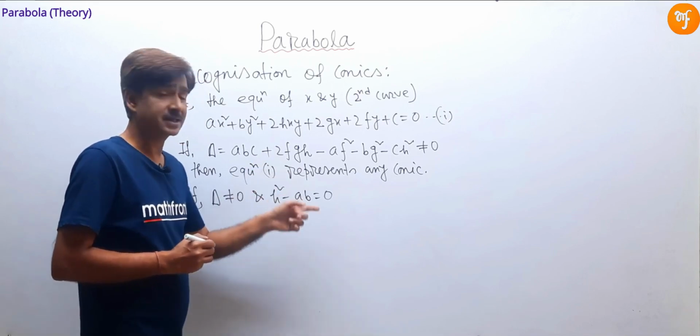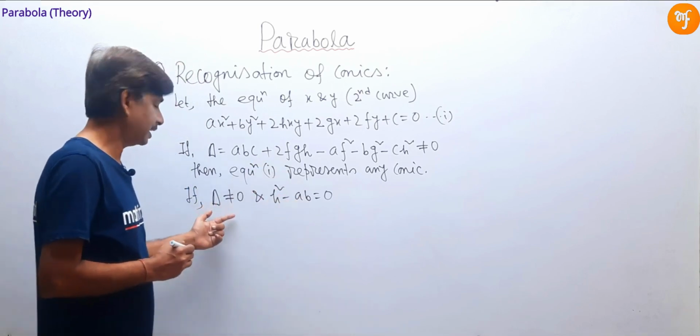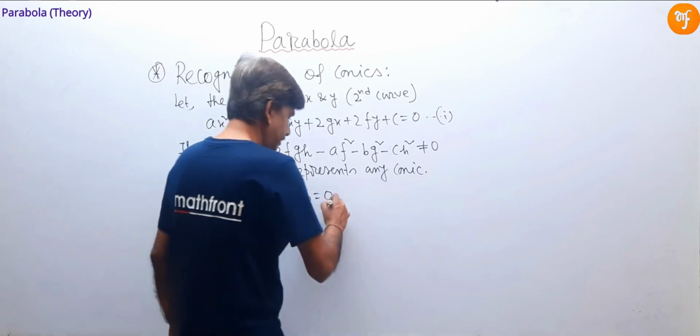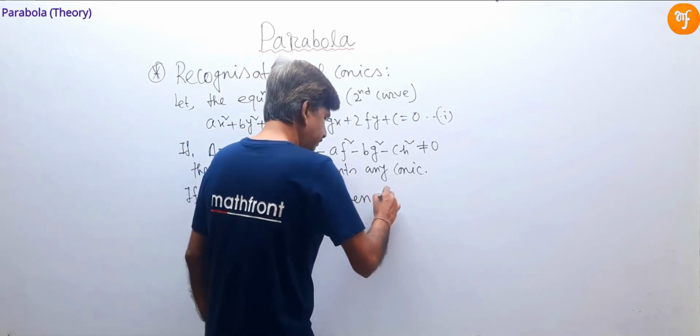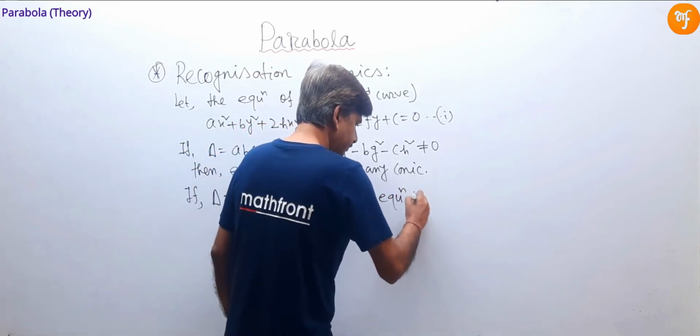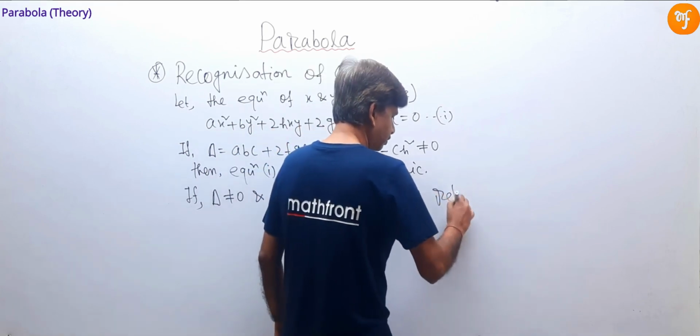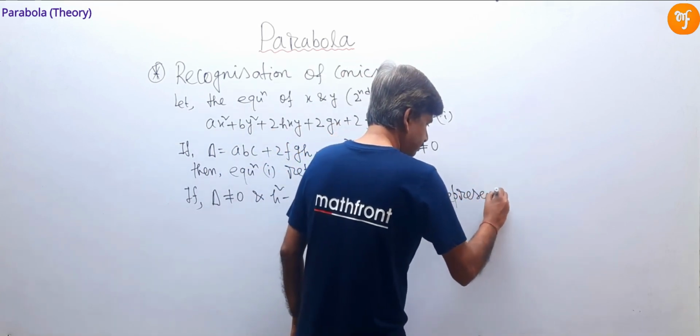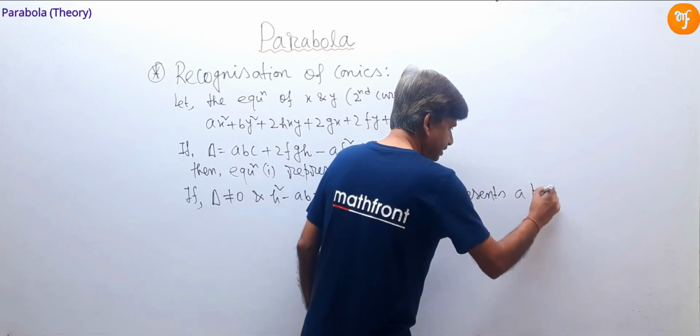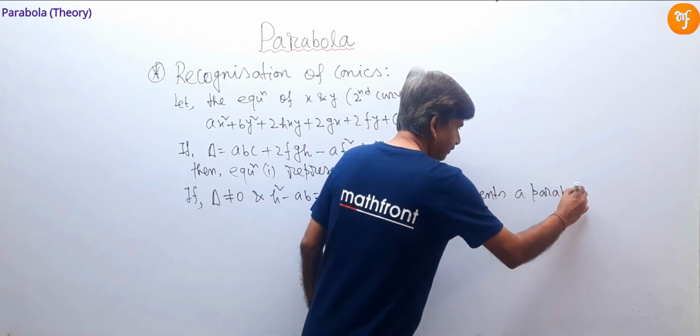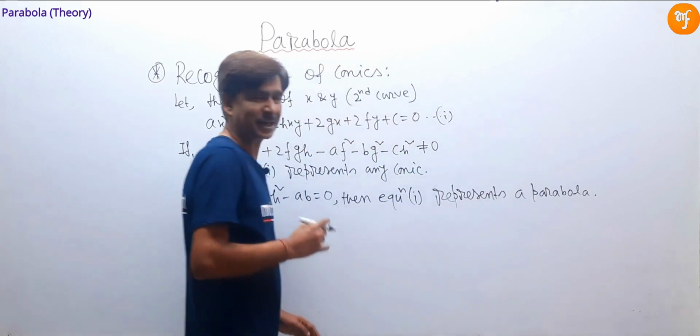So if h square minus ab is 0 and delta is not equal to 0, then this equation 1 represents a parabola. Is it clear to you?